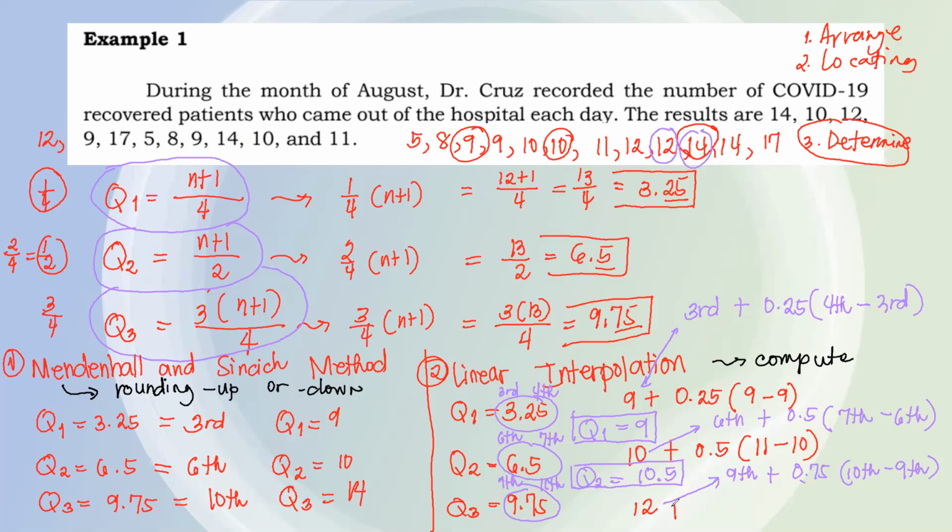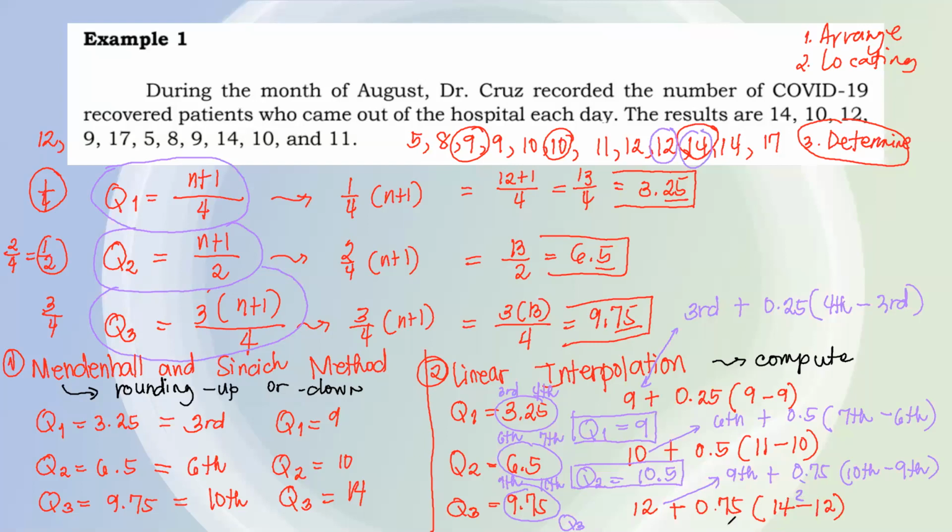So, ano yung pang 9 natin? 12 plus yung 0.75 difference ng 14 at ng 12. Okay? So, ano yung magiging quartile 3 natin? Our third quartile would be 12 plus 0.75 of 14 minus 12. Ano yung difference nito? This is 2.